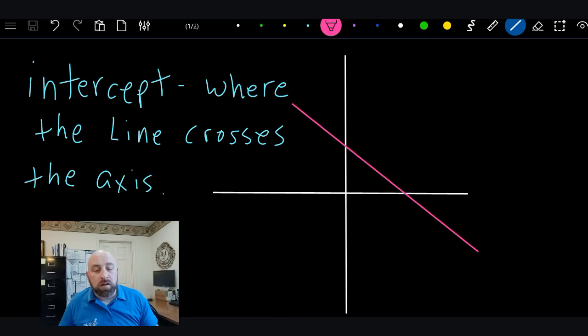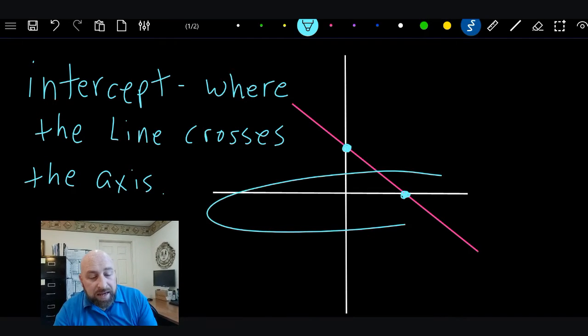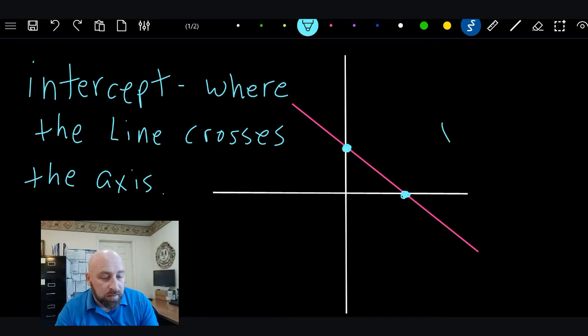Now, if you look, what I've created when I do that is two points. One of the points is right here, and one of the points is right here. These are called the intercepts. This would be the x-intercept, which I write like this, x-int.